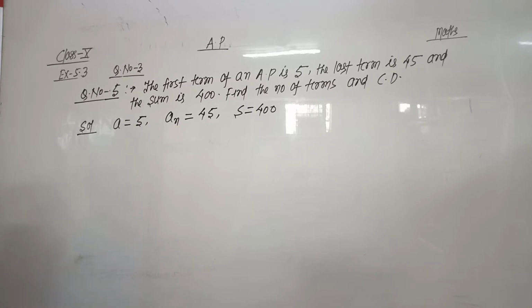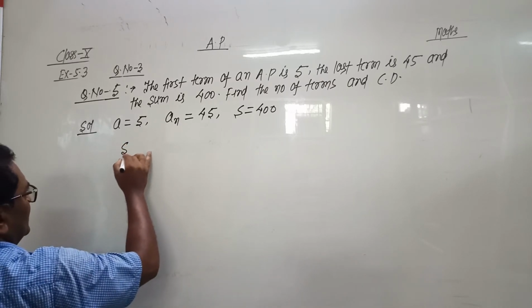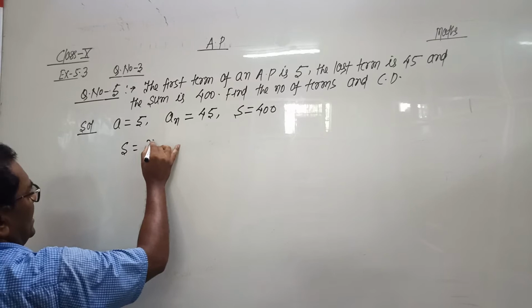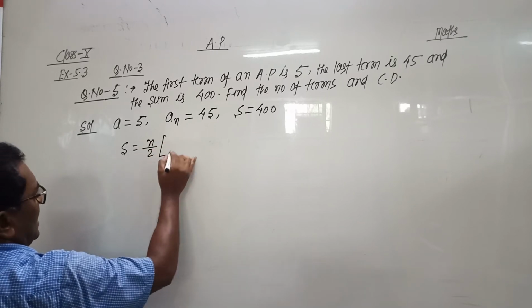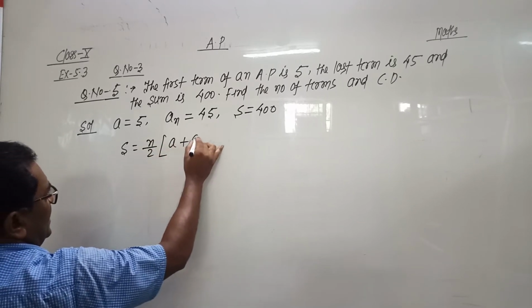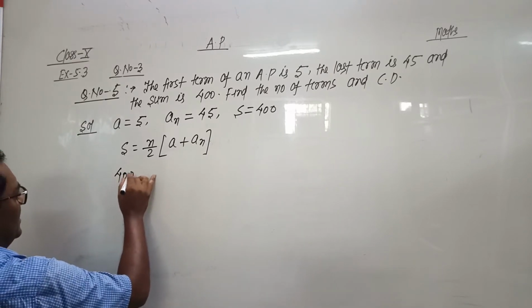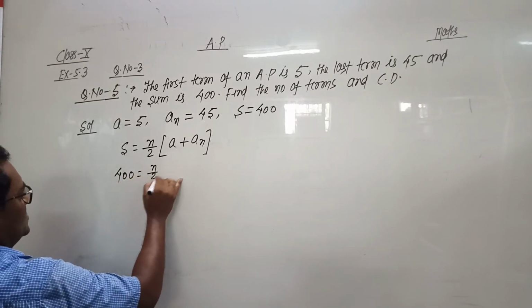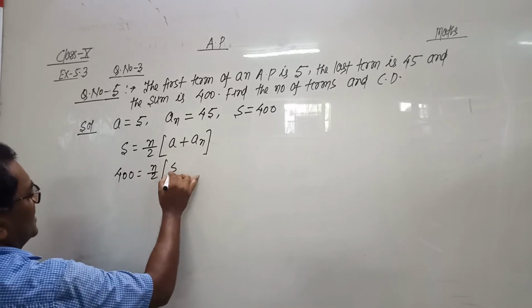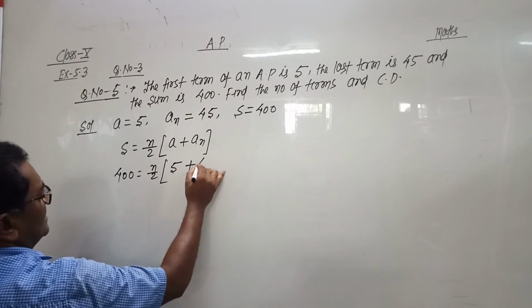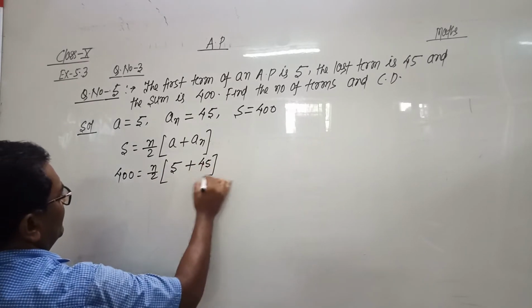So the formula for sum equals n by 2 times (a plus an). Sum is 400, the number of terms we have to calculate. The first term is 5 and the last term is 45.